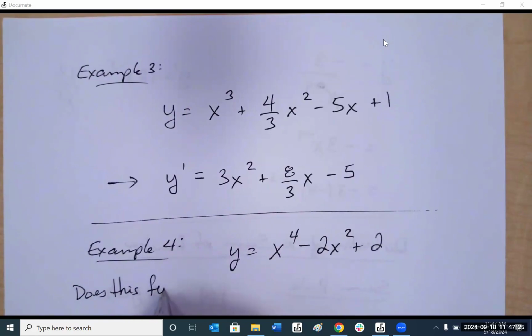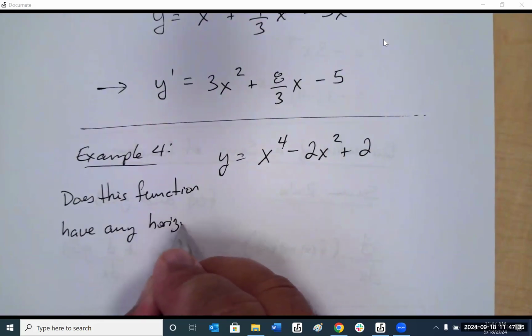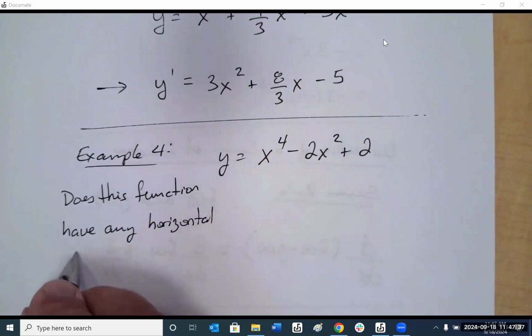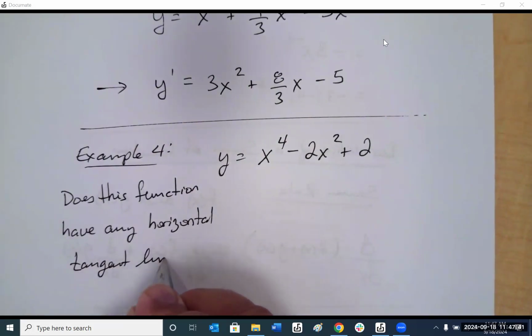Does this function have any horizontal tangent lines?